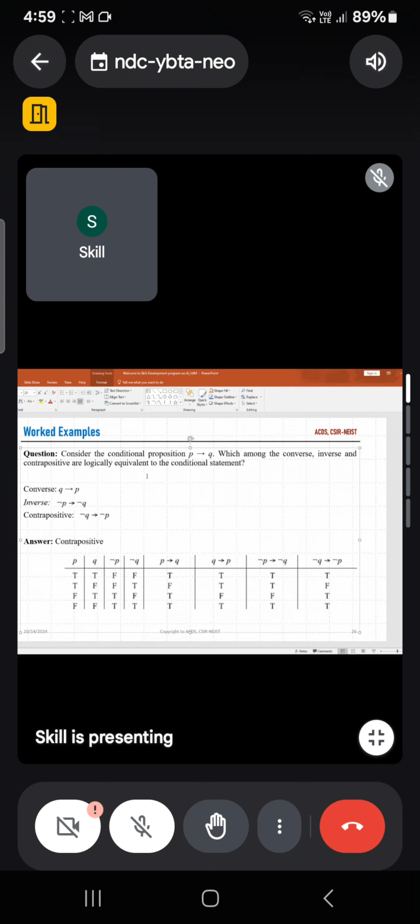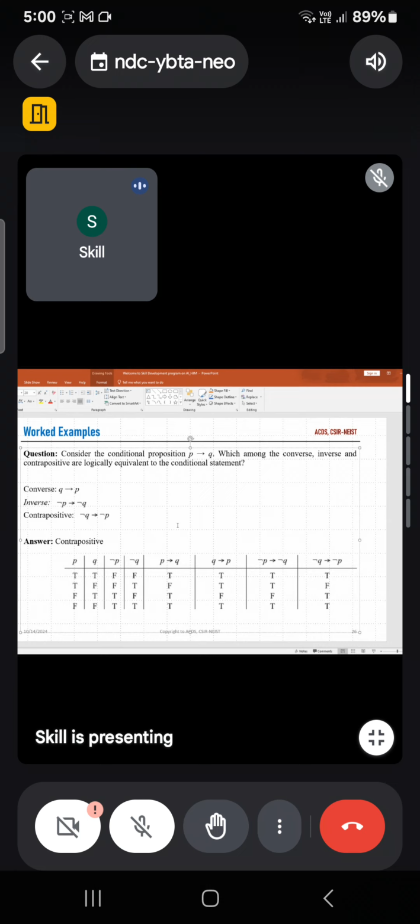The converse is written just opposite of this proposition. The inverse is just the negation of this proposition, and the contrapositive is the converse and the inverse of both combined.